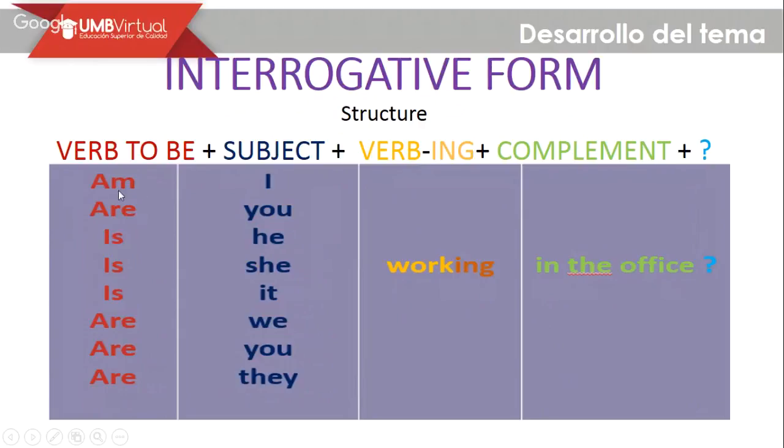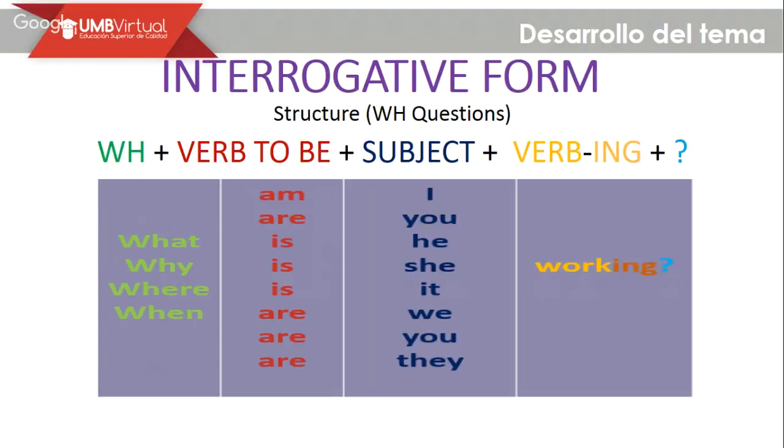So in this case, for example, we had I am. Now we are going to move it and form the sentence am I working in the office, plus the question mark. That's how we are going to do it. Verb to be at the beginning, and at the end we add the question mark. So that's very, very easy.